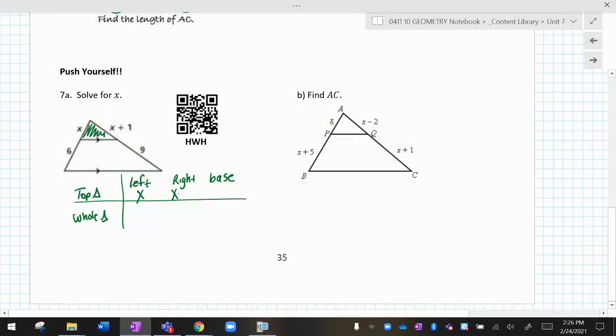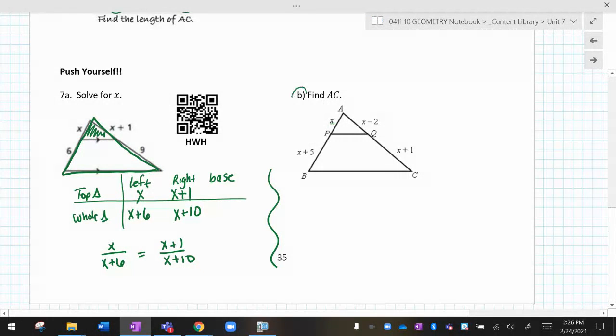The right side is x plus 1, and the base I don't know. Then when I look at the whole triangle, the left side of the whole triangle is x plus 6. The right side of the whole triangle would be x plus 10. So I would be solving this proportion. And then there's a very similar setup for part B.